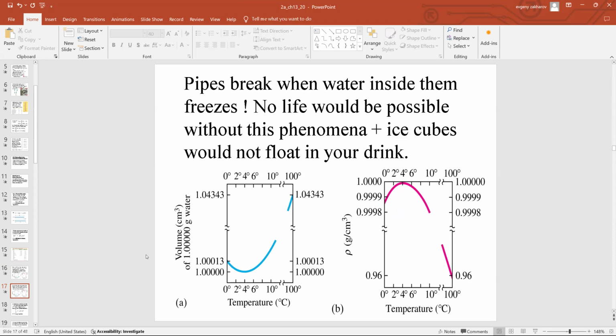No life would have been possible, and ice cubes wouldn't float in your drink. Those are the results of this little expansion, even though the temperature is decreasing. Normally, if temperature increases, then volume increases, and vice versa, but not for water, especially from 0 to 4 degrees Celsius.